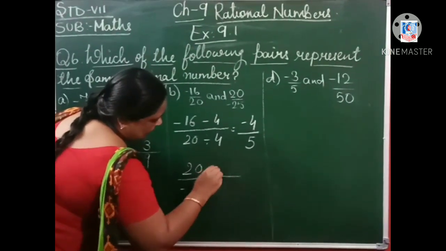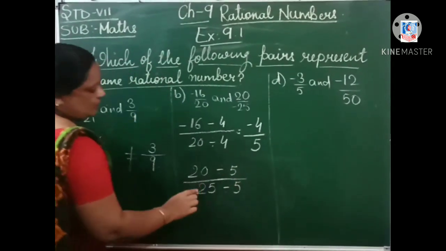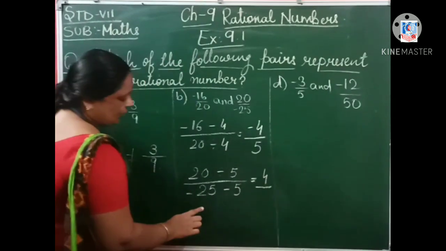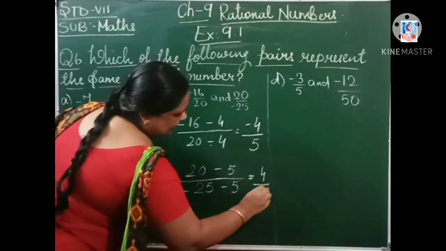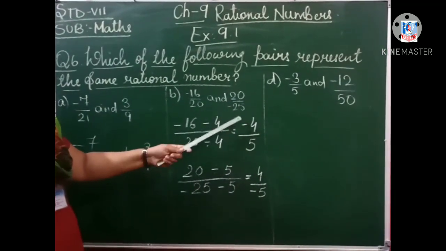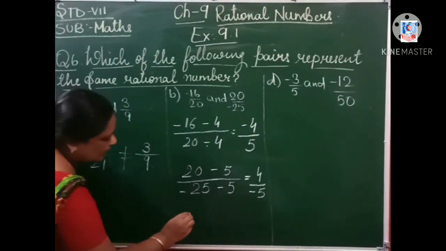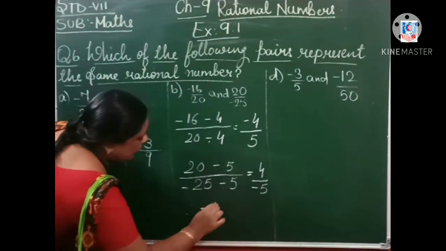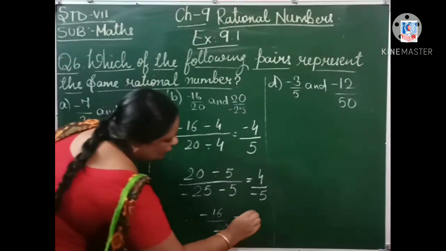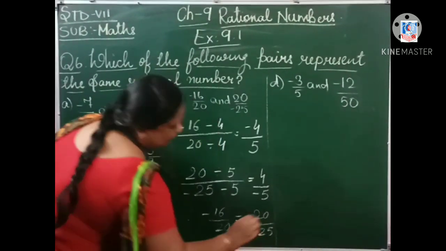Now, let us divide this by 5. So, 20 divided by 5 is 4 and 25 divided by 5 is minus 5. Now, see, both are negative. Here numerator is a negative, here denominator is negative. That means they are equal. Therefore, minus 16 by 20 is equal to 20 by minus 25.